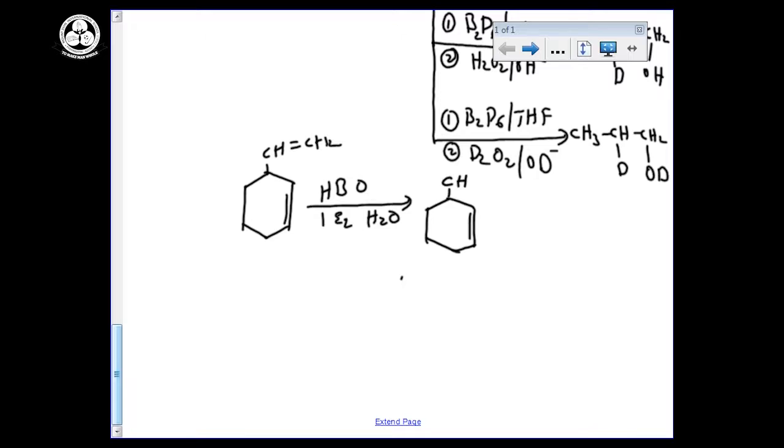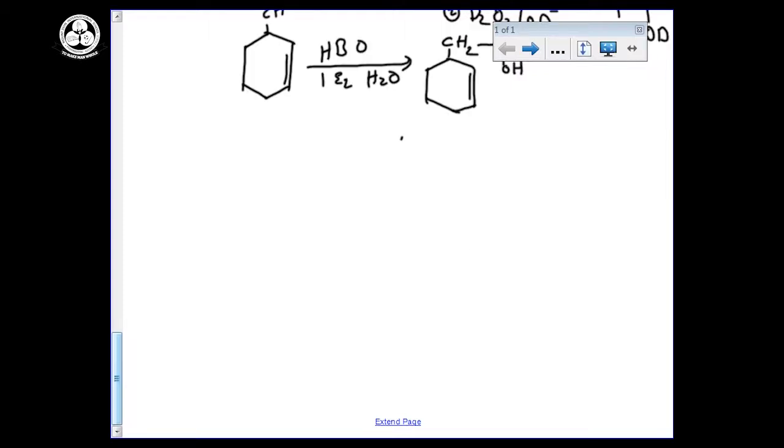Based on that steric factor, hydrogen we are adding here and CH2OH. We are following the anti-Markovnikov rule. Where the steric factors are less, the rate of reaction will be high. That we want to follow. This is hydroboration oxidation.